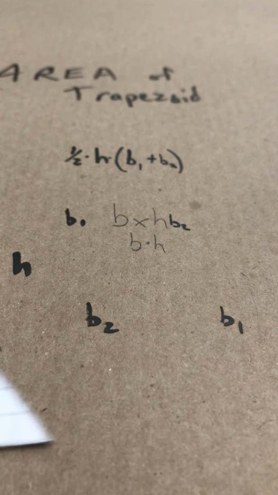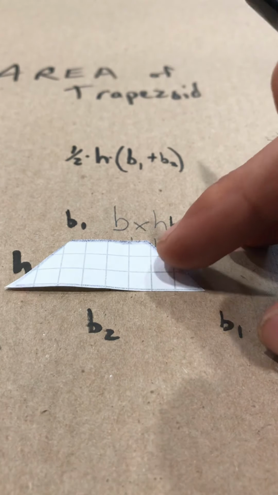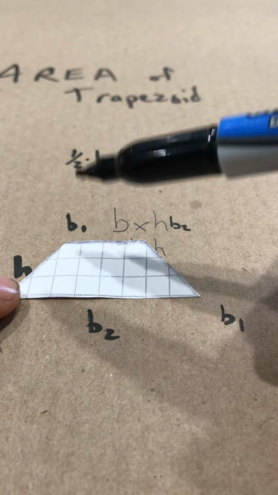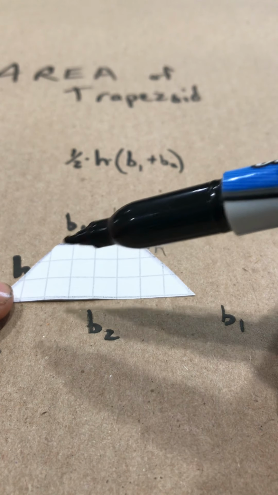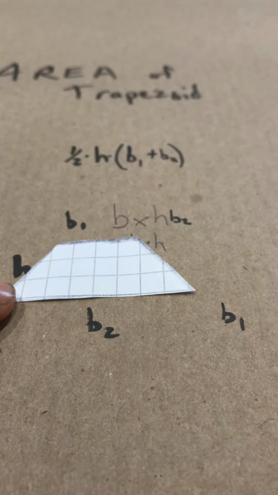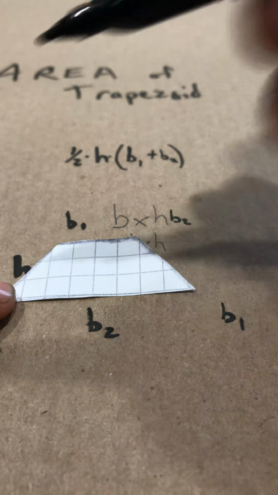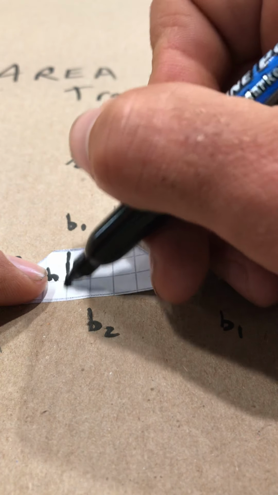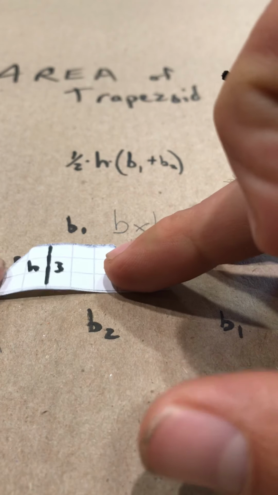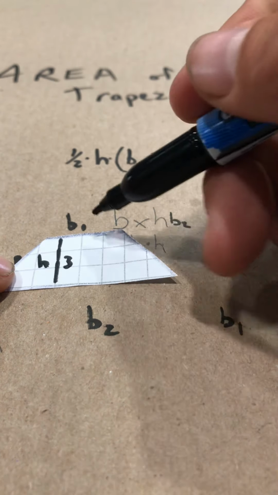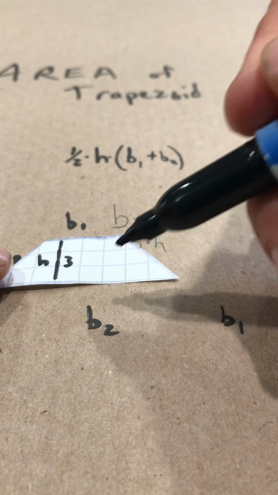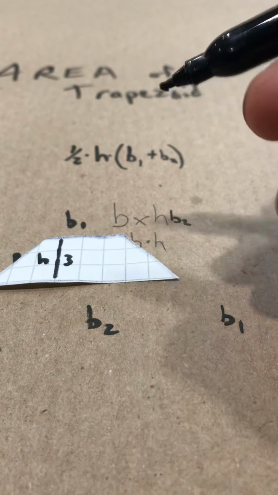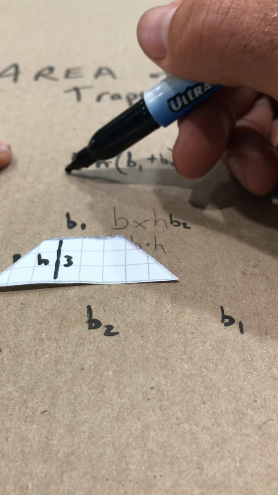So if I have a trapezoid that looks like this, all right, my height's a little bit harder to see here because this slope part is not a height. The height is actually here inside the shape. And I could count it. It's 1, 2, 3 tall. All right, so my height is here. I still have a base 1, I have a base 2, and I have my height now. I have all the things I need. I could just plug that right into this formula right now.